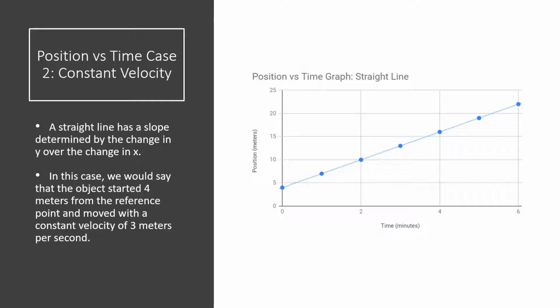So the velocity of this particular object is 3 meters per minute, which isn't very fast. But maybe we're looking at a turtle. I don't know. There's lots of different things that could be moving from a different position. The important part here is that the slope of this line is the velocity.